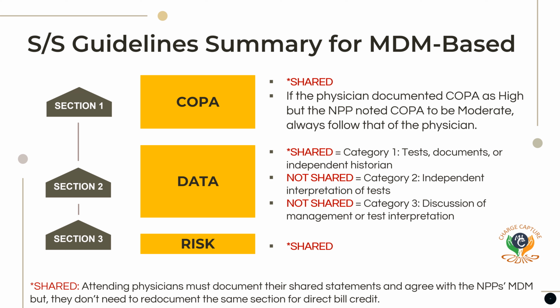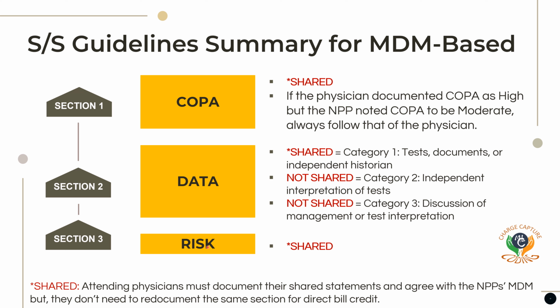So this slide summarizes the guidelines in determining who to give the billing credit to. As you can see, Section 1, COPA, Section 2, Data, Category 1, and Section 3, Risk. These are shared between the attending physician and the mid-level provider.